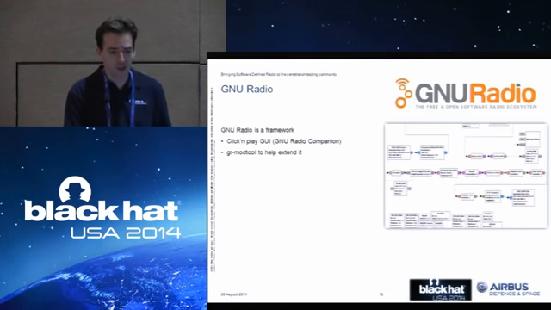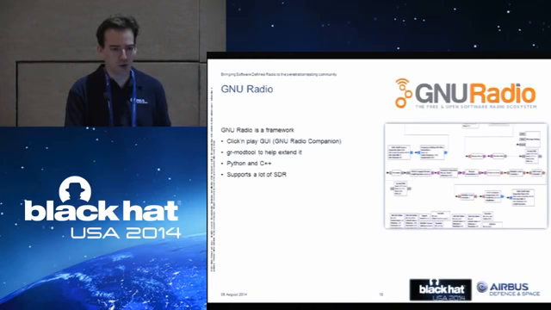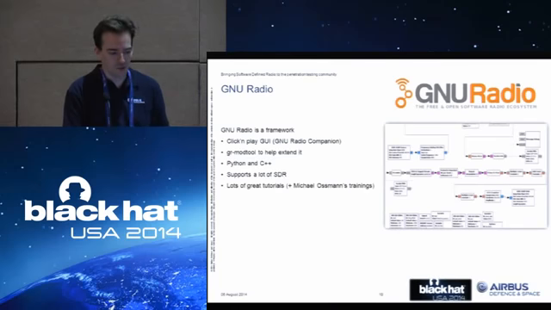You can extend it with the helper gr_modtool. You can extend it coding in Python or C++, and it supports a lot of SDRs. At least the three I was mentioning on the previous slide are fully supported. And you've got a lot of great tutorials, plus Michael Ossmann's training, like I mentioned before.